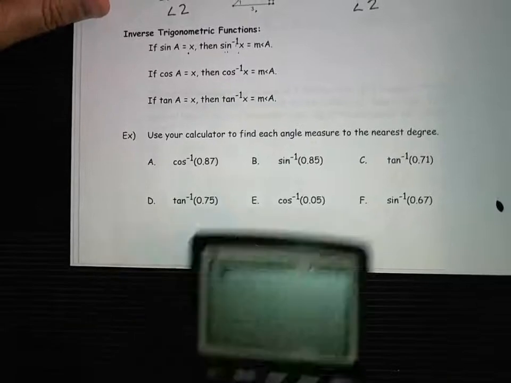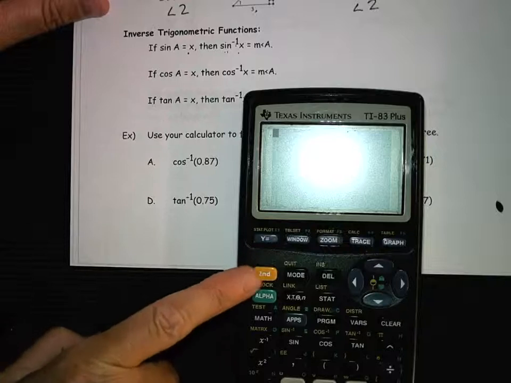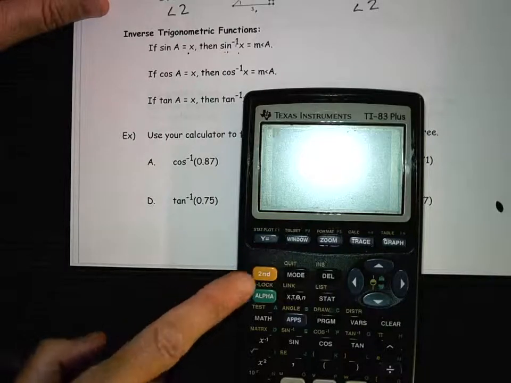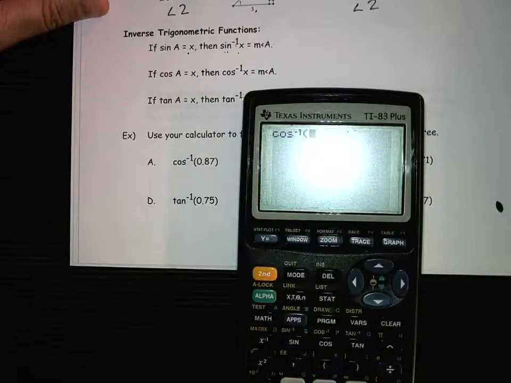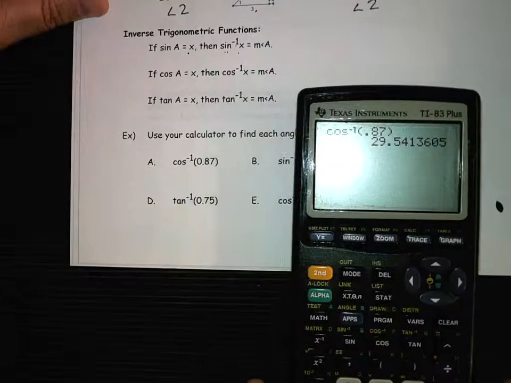The first one they ask us to do is the inverse cosine of 0.87. You hit the second key, and then cosine, and then enter 0.87. And when you do that, you end up with 29.5.